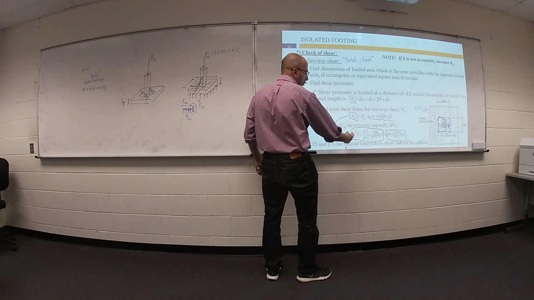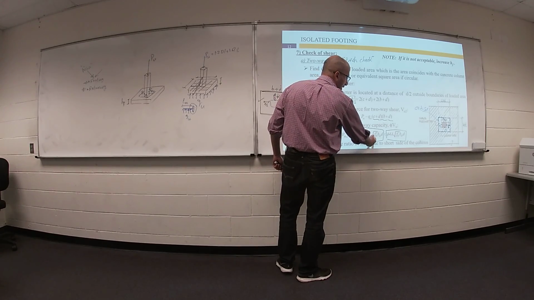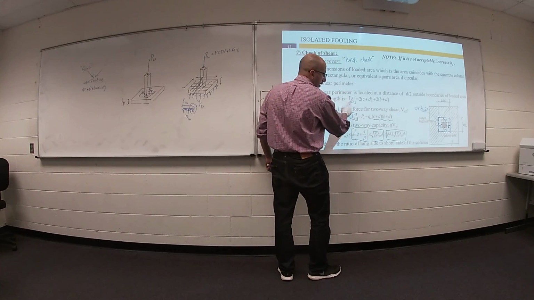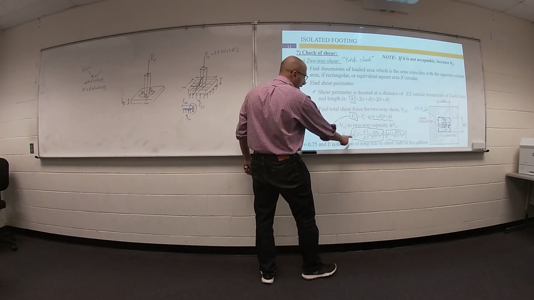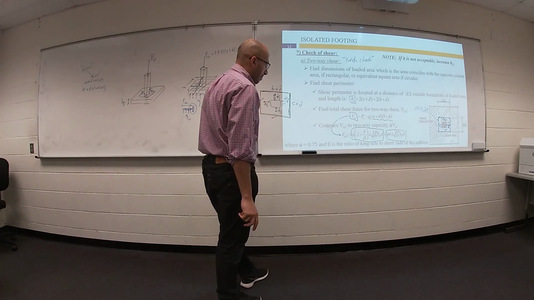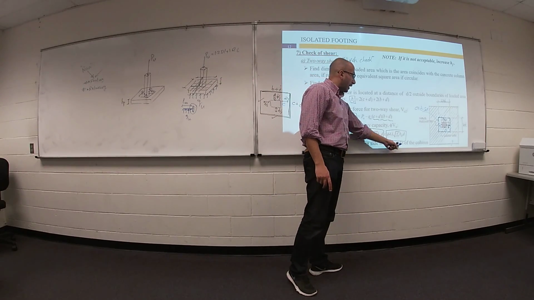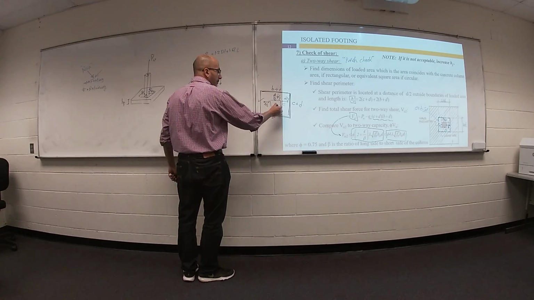Your resistance value has phi, beta, lambda, f'c, b naught, and depth. Phi equals 0.75. Beta is the ratio of the long side to the short side of the column.